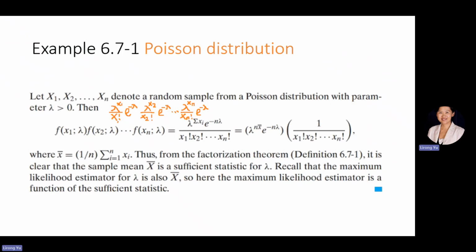We've done a lot of examples with the exponential distribution or binomial distribution. Poisson distribution is this one. Okay, so if we go to the Poisson distribution, we know the probability for the Poisson distribution. Probability is lambda to the x power over x factorial times e to the negative lambda. Now, assuming we have a random sample, that means we have n x values, x1, x2 till xn.